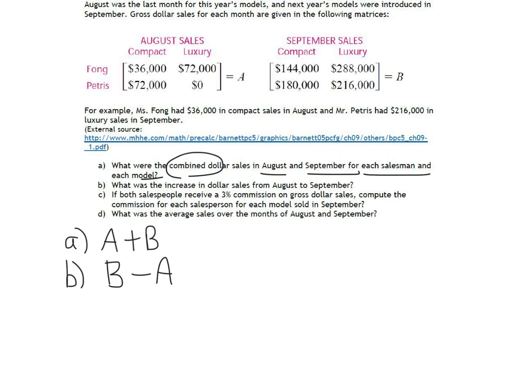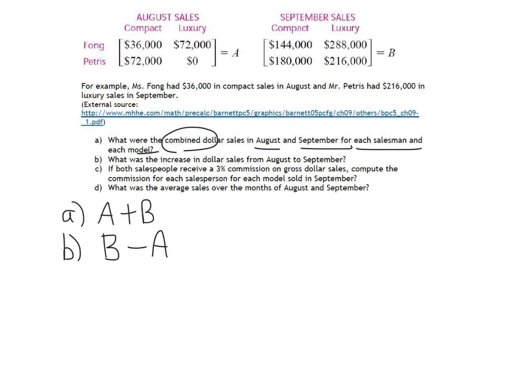So C, let's see. C says, if both salespeople receive a 3% commission on gross dollar sales, calculate the commission for each salesperson for each model sold in September. So 3% commission, that's equivalent to 0.03.